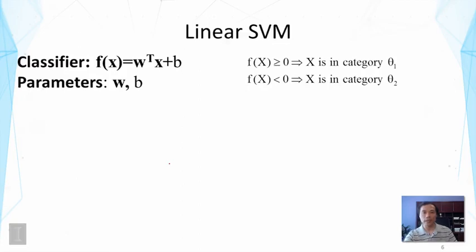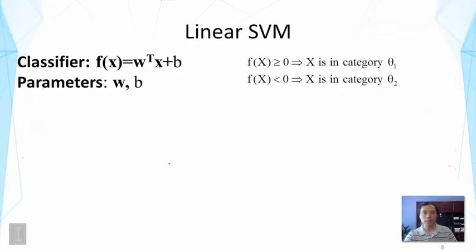In the simplest case, the linear SVM is just a simple optimization problem. Again, let's recall that our classifier is such a linear separator where we have weights for all the features, and the main goal is to learn these weights, W and b. The classifier will say X is in category theta 1 if it's positive, otherwise it's going to say it's in the other category. So this is our assumption, our setup.